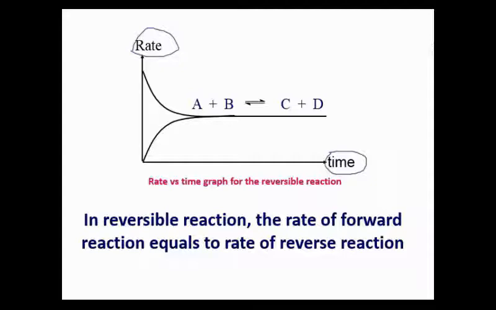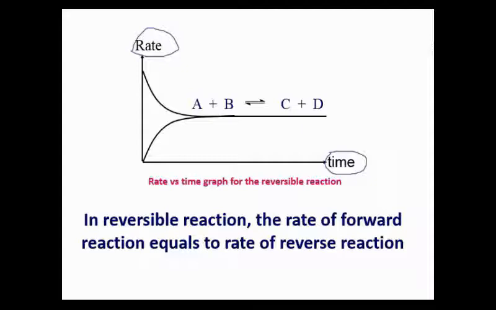So the rate of losing the reactants will decrease. At the same time, we are forming the products. So the rate of producing C and D is increased.